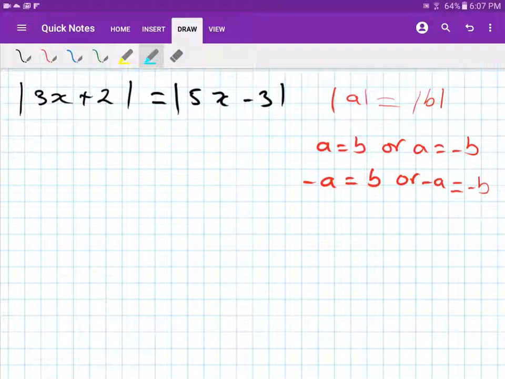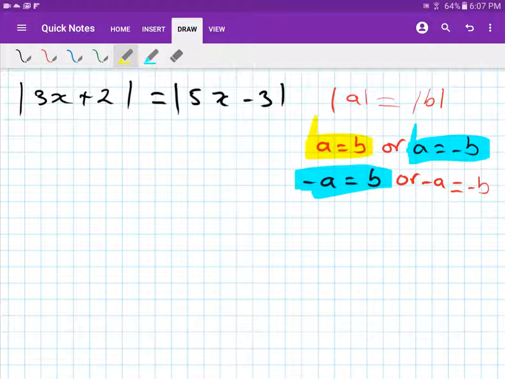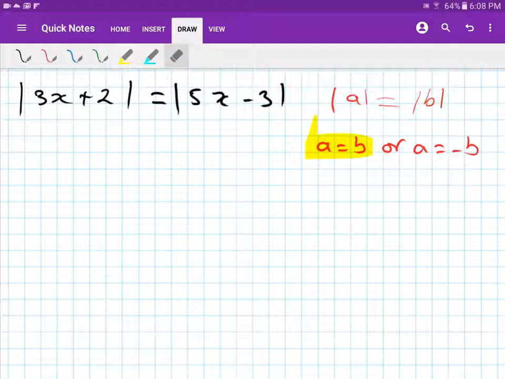But if you think about it, this equation here is exactly the same as this equation. And similarly, this equation here is the same as this. So therefore, we can remove this out. We only have 2.